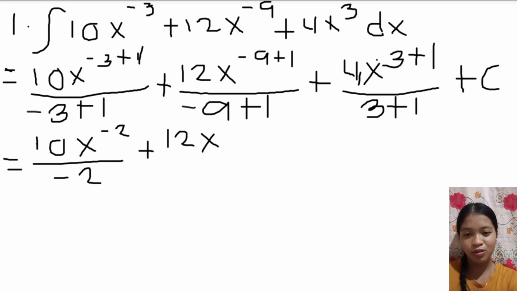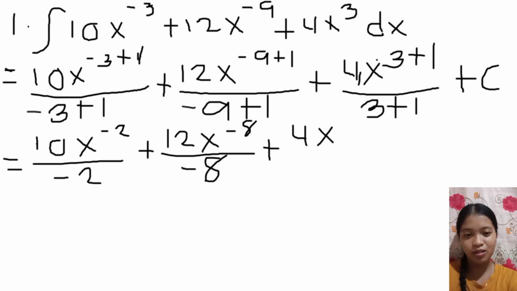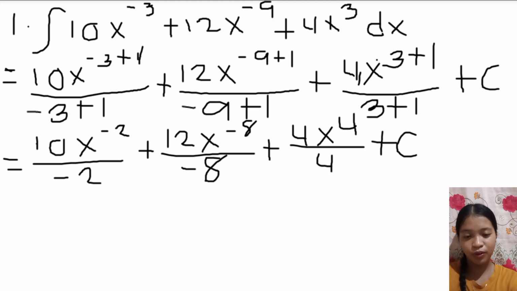The next step is to calculate it. 10x raised to the power of negative 2 over negative 2 plus 12x raised to the power of negative 8 over negative 8 plus 4x raised to the power of 4 over 4, then don't forget the plus c. Now we're going to simplify it to get the final answer.